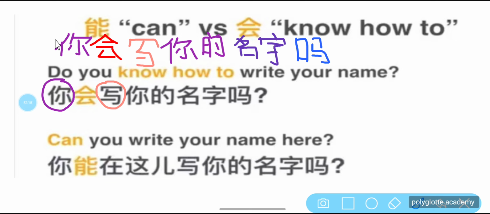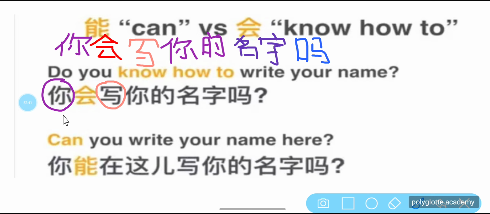So we can now translate the sentence word for word. After translating the sentence character by character, we are now going to take the whole sentence and translate it.